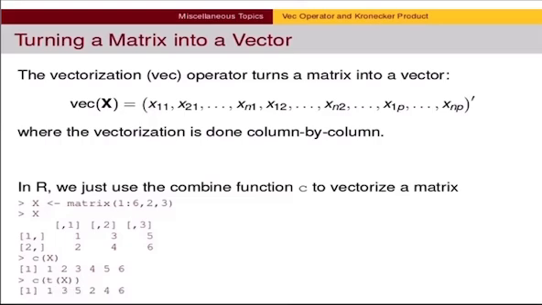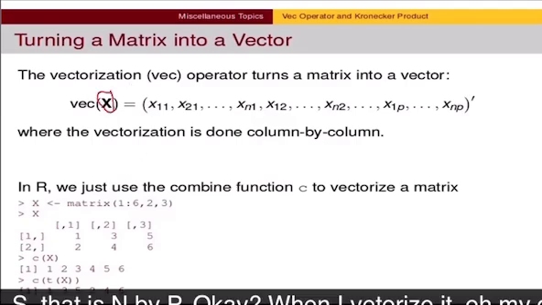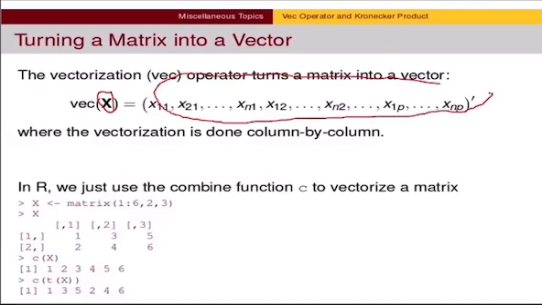Now, the other time, I gave you a matrix X that is n by p. When I vectorize it, look at the way it turns into a linear system. That's vectorization.